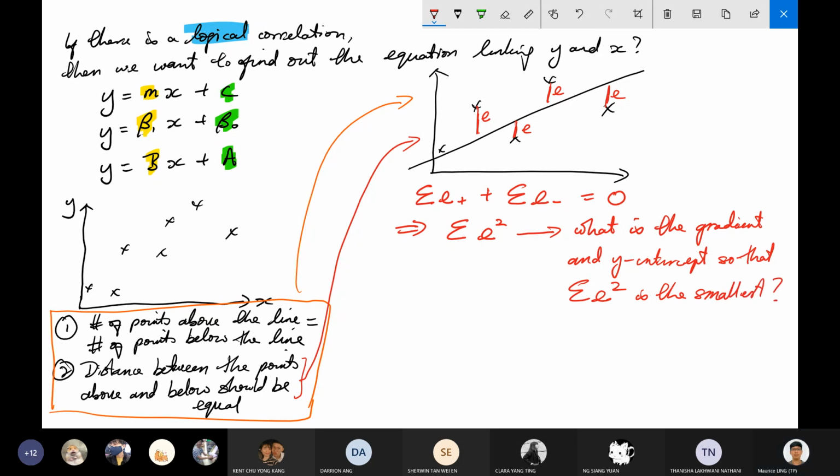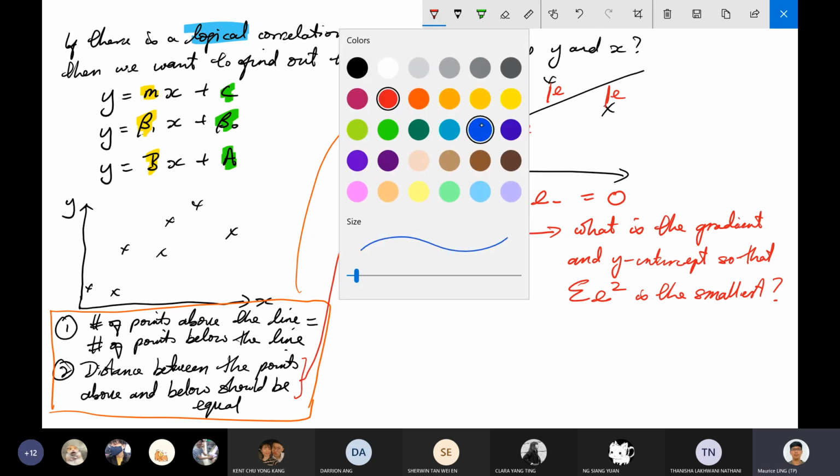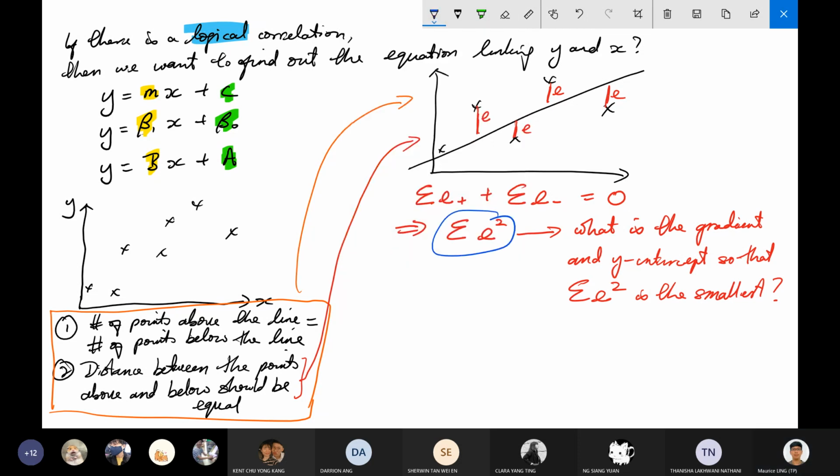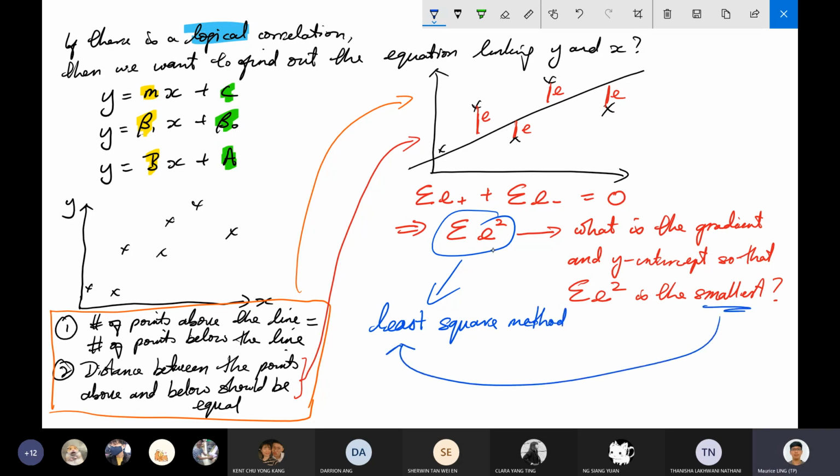And because we use square, that's why the method is called the least square method. Smallest is least, and the square is the square. This is called the least square method.